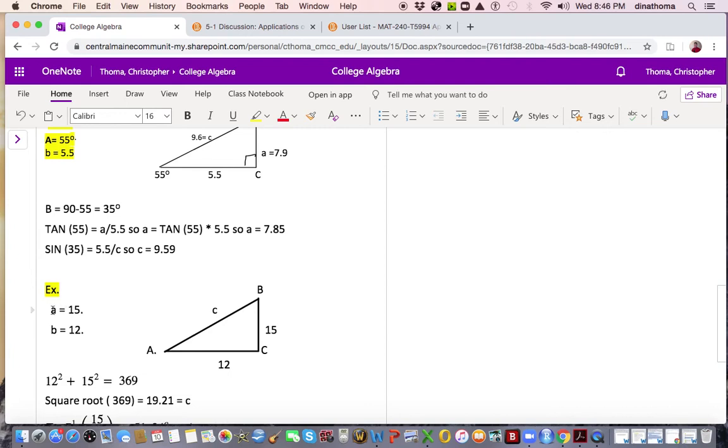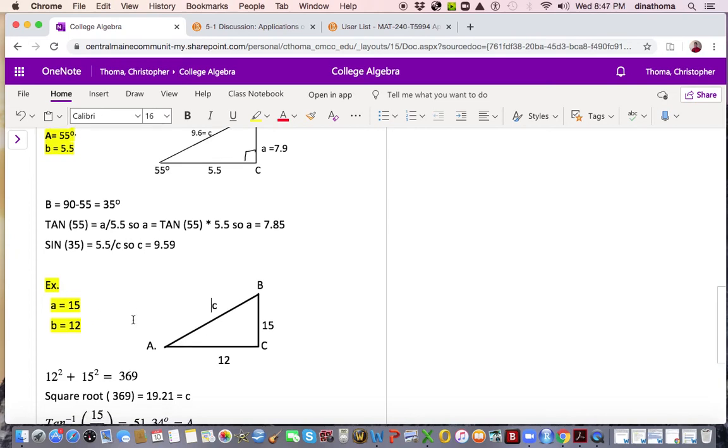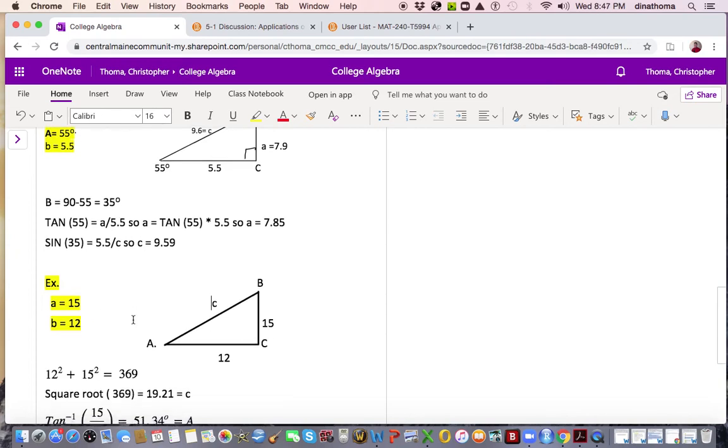So example, we know it's a right triangle. We now know side A is 15 and side B is 12. So in this case, we know both sides, right? So now I can use Pythagorean Theorem, right?